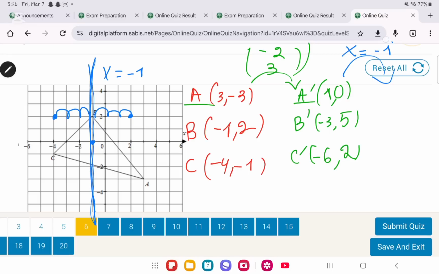But another very important way is using one rule. We should know that when x is equal to minus 1, what changes in the coordinate points is not x and y together, and not y alone, but only x. So y stays constant and x will change. How do we change x?